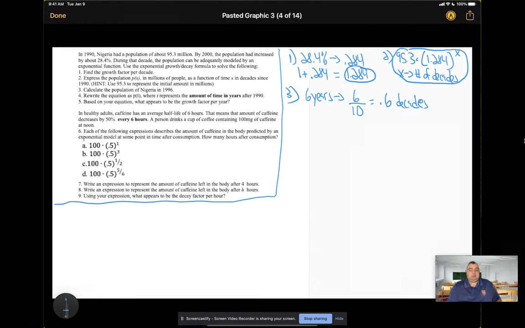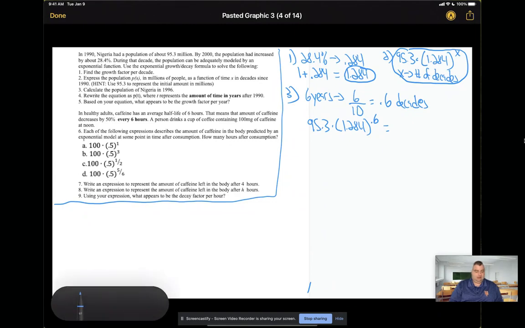So in my equation, I'm going to plug in 0.6 for X. So 95.3 times 1.284 to the power of 0.6. And whatever that answer is, that is going to tell me the population of Nigeria in 1996. So let's calculate that.